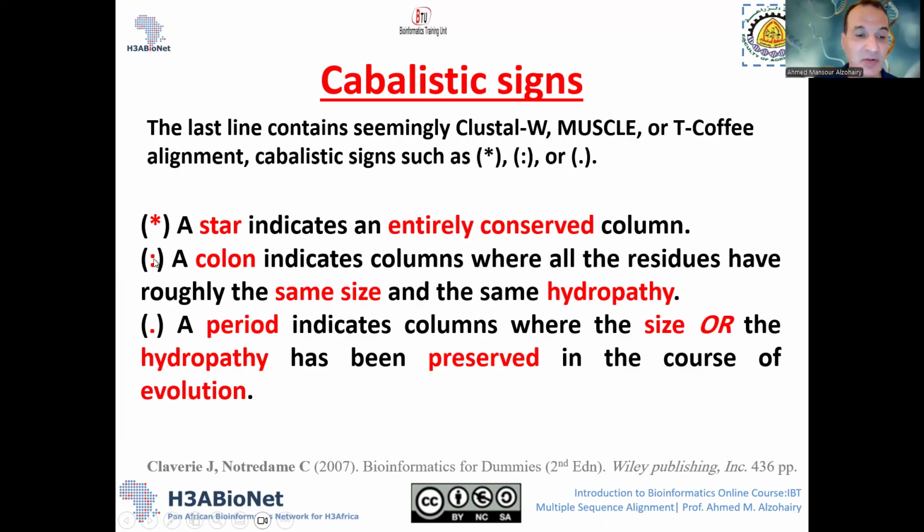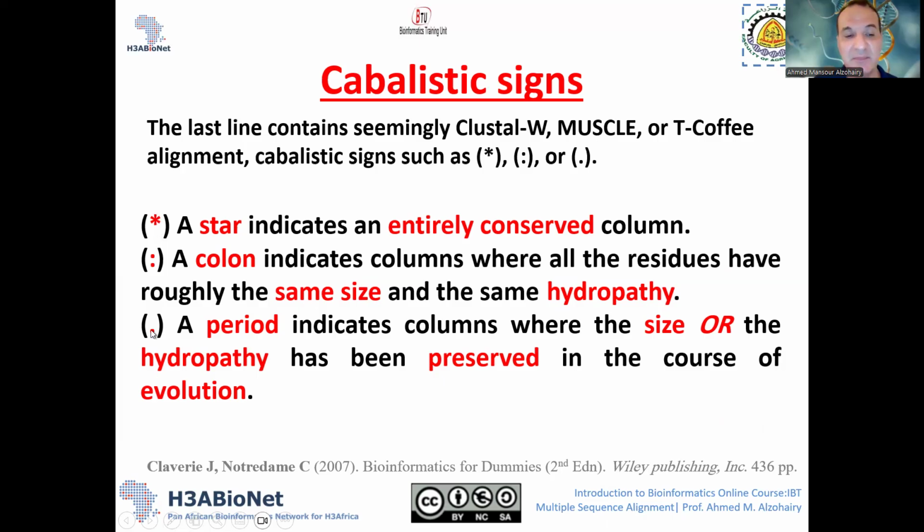So this is not identical, but similar. For similar amino acids, you will have this column. But the column which has identical amino acids will have a star under it.